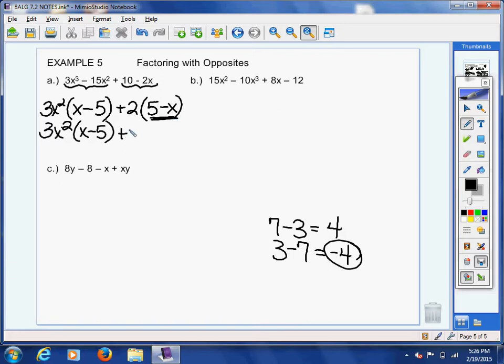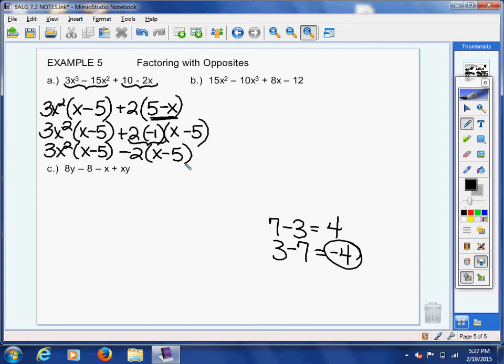Now when I take the -1 out, remember what I just said, positive 5 becomes -5, negative x becomes positive x. Now what happens right here? Well, you just multiply the 2 and the -1 together, and you'll have 3x squared times the quantity x minus 5 minus 2 times x minus 5.